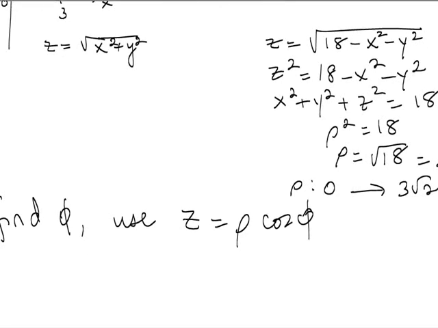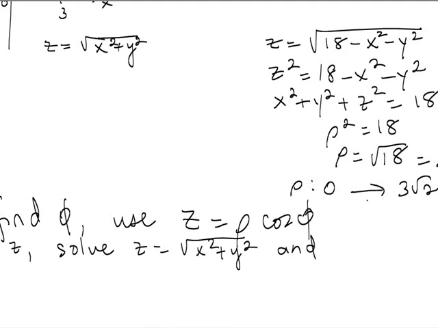So to find z, solve z equals square root of x squared plus y squared, and I will just take x squared plus y squared plus z squared equals 18, because it means the same thing. We need to solve these two.